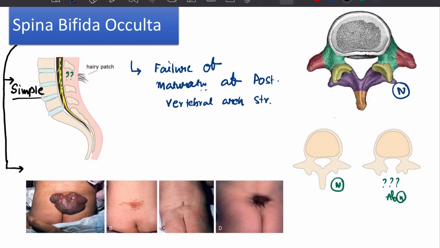But another subtype of spina bifida occulta is occult spinal dysraphism. That means the defect is occult, but inside there are some anomalies or malformations involving the spinal cord, and there are some indicators of it.